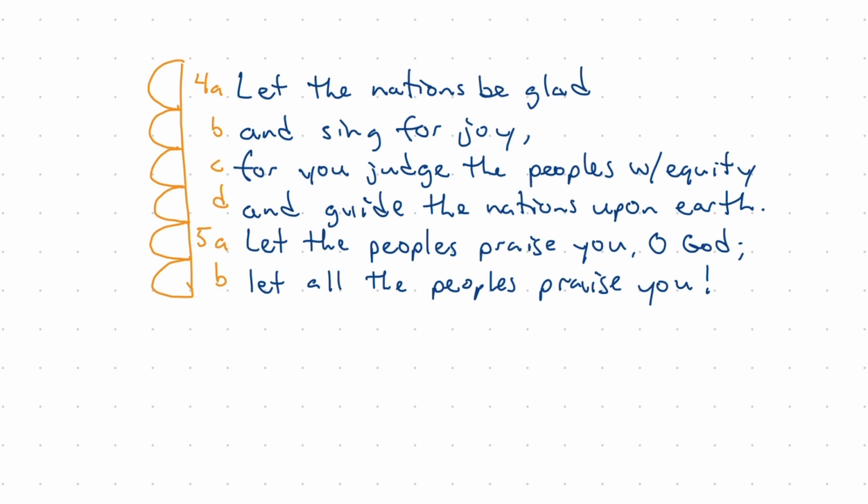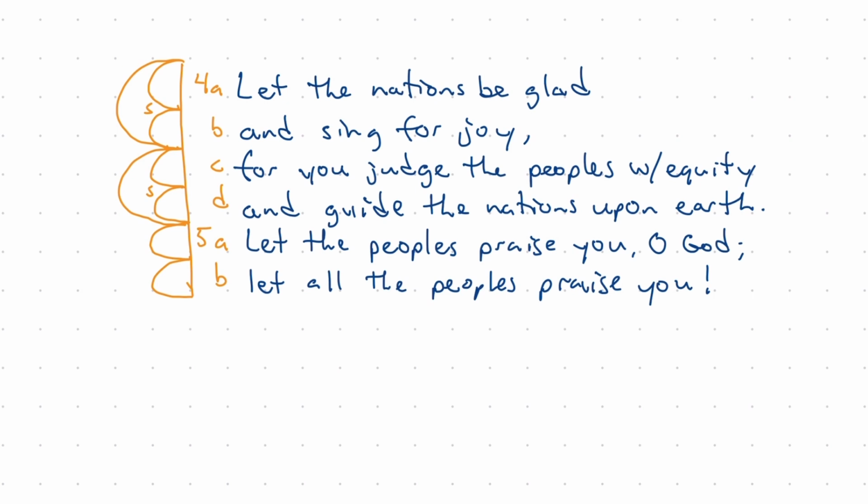So it seems like we have a relationship of series here. And then we come to the next word, for, which usually points us to the relationship of ground. You judge the peoples with equity and guide the nations upon the earth. So before we define this relationship of ground, we need to prioritize another series between C and D that is happening here. You judge the peoples with equity and you guide the nations upon the earth.